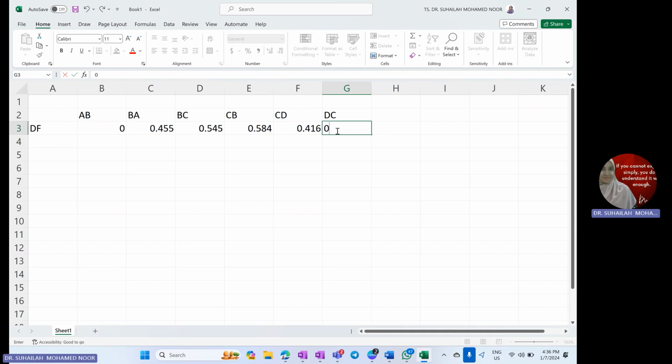Then 0. Okay, the FEM due to external loading is negative 90 and 90.